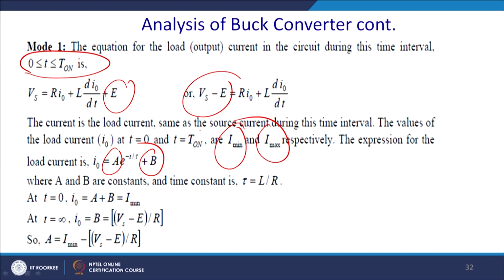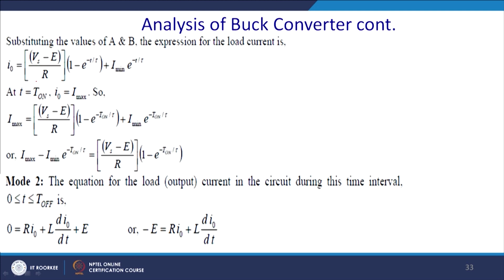At t equal to 0, A plus B equals I min, and at t equal to infinity, I0 equals B, which is Vs minus E by R. So, A becomes I min minus Vs minus E by R. You can substitute these results. So, the whole equation becomes I0 equals Vs minus E by R times 1 minus e to the power minus t by tau, plus I min times e to the power minus t by tau, where tau is the time constant L by R.